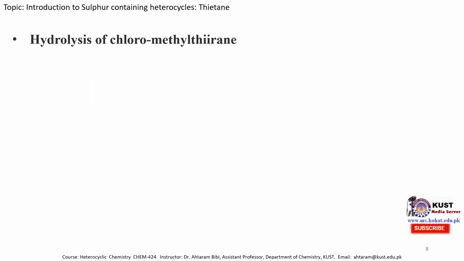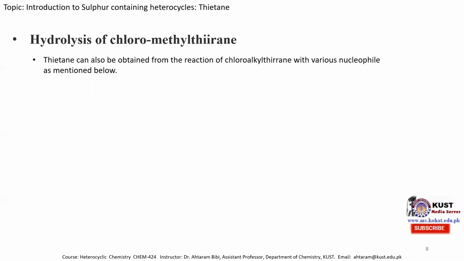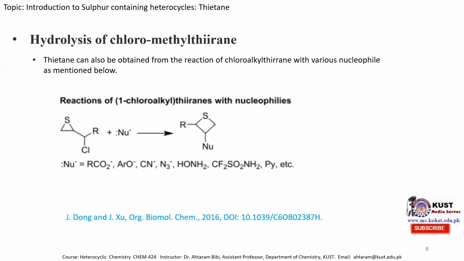Hydrolysis of chloromethylthiirane is reported in various papers, and here I mention one reference, Organic and Biomolecular Chemistry, published in 2016, in which they used the 2-chloromethylthiirane molecule and treated it with a variety of nucleophiles to produce the Thietane molecule.